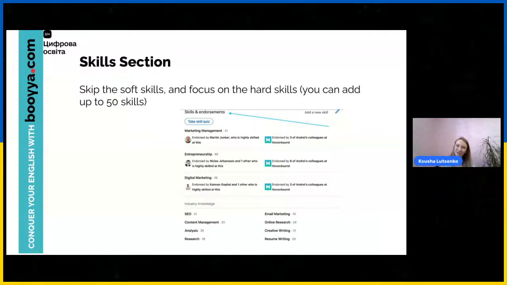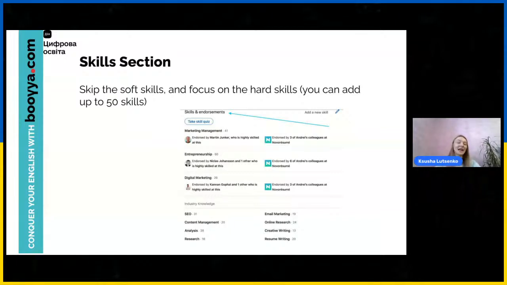Here, the preference should be given to hard skills rather than to soft skills, because sometimes employers looking at your skills and seeing just communicative, talkative, hardworking, and many other soft skills, have a hard time finding hard skills, like which software you use, which tools you use, which hands-on experience you have.